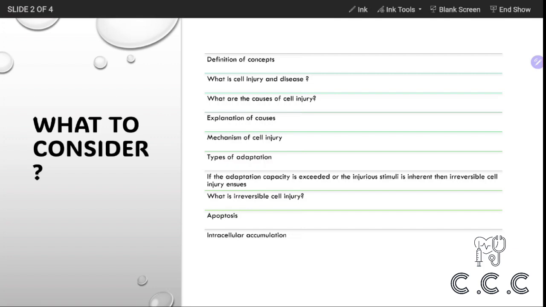And in that case, we are going to then look at what really is irreversible cell injury, and then we are going to look at apoptosis, and we're going to end it with intracellular accumulations. A lot to be talked about, a lot to be looked at. We're going to try to explain bit by bit as you come along with me.